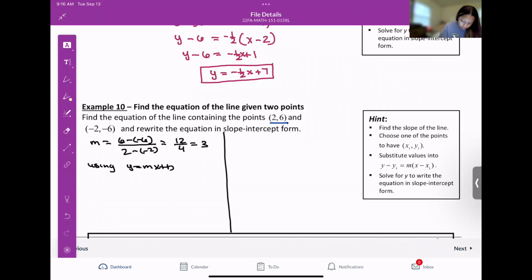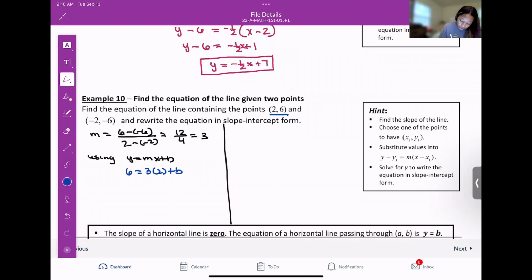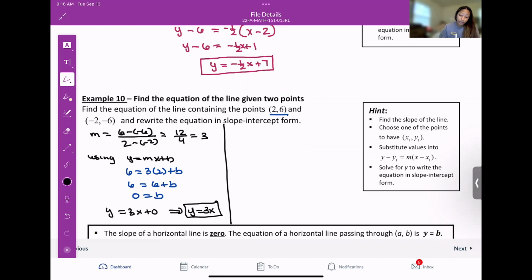We'll have 6 equals 3 times 2 plus b. 6 is equal to 6 plus b. Then b would be equal to 0. So we found the slope, we found b. Putting those together, the equation of the line would be y equals 3x plus 0, which is just y equals 3x. That's if you use the slope-intercept form of the line.